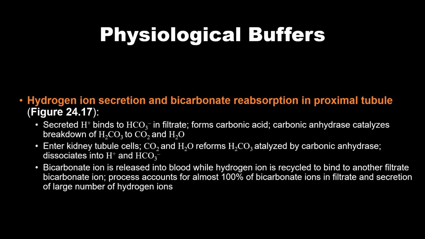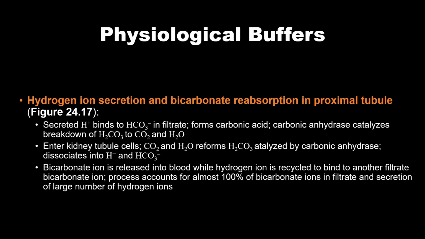Now, the proximal tubular cell is going to secrete hydrogen ions from those fixed acids by a secondary active transport process. If you remember, this process is going to be coupled to bicarbonate ion reabsorption. So the secreted hydrogen ions bind to any bicarbonate ions in the filtrate to form carbonic acid.